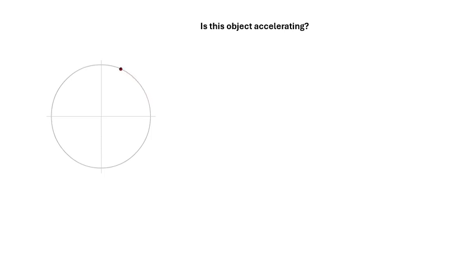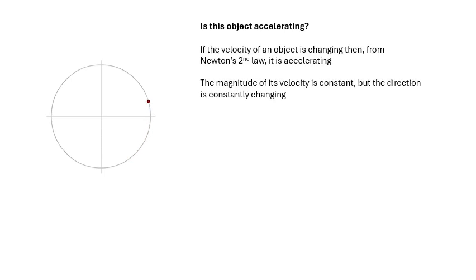Okay, big question. Is this object accelerating? So there's an object moving at a constant speed. Is it accelerating? And the answer is yes. Okay, now if the velocity of an object is changing, then from Newton's second law, it is accelerating. Now, fair enough, the magnitude of the velocity is constant.